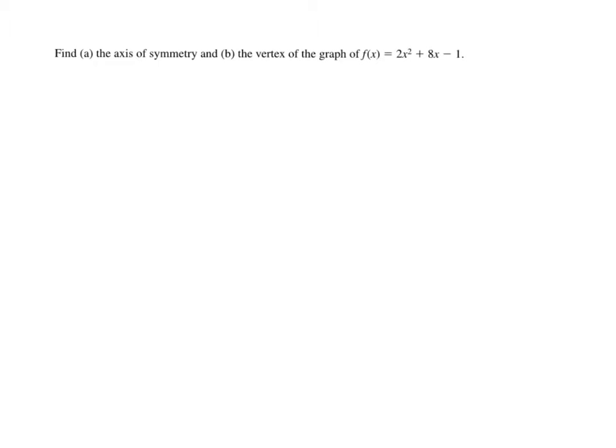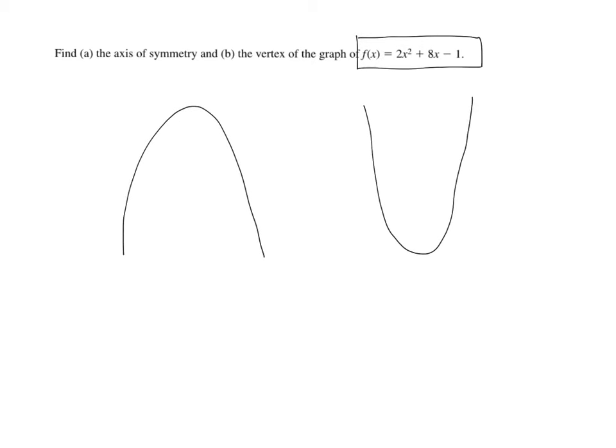And so we can take this and put it into a graph. When we graph a quadratic, the first thing we want to talk about is that it typically looks like this, or it looks like this.